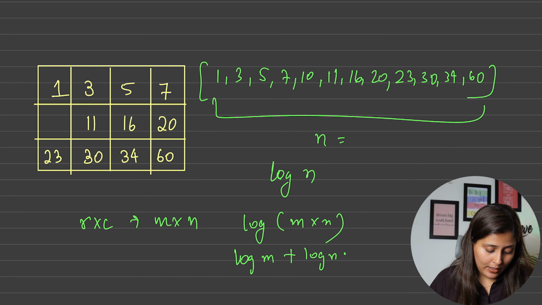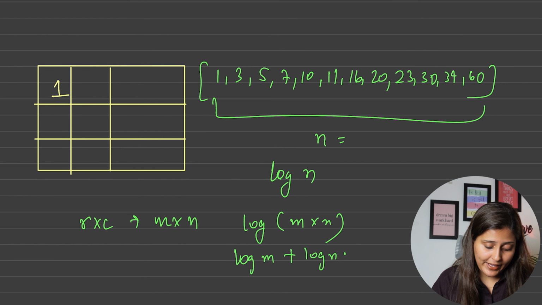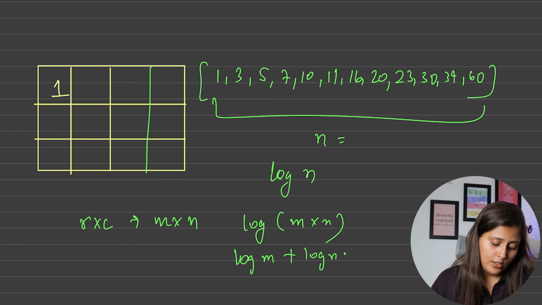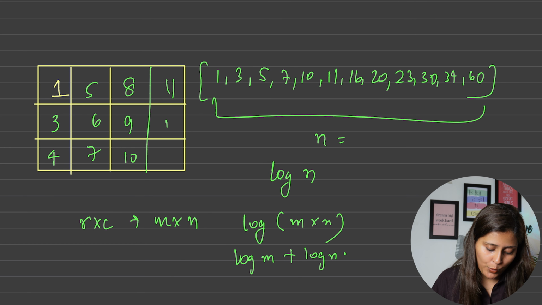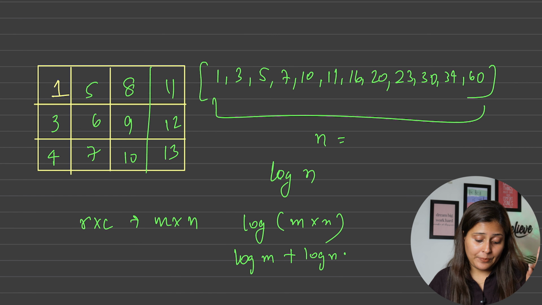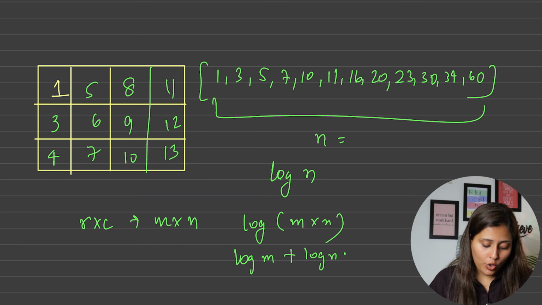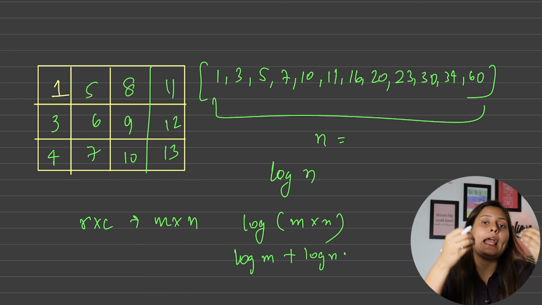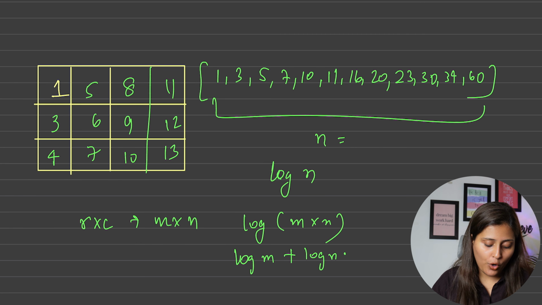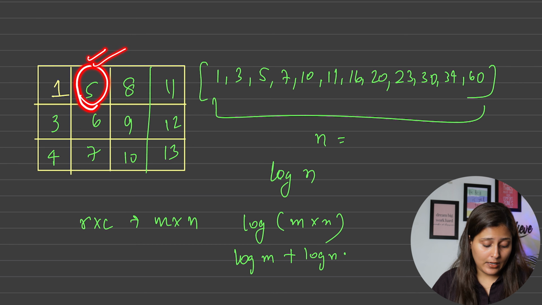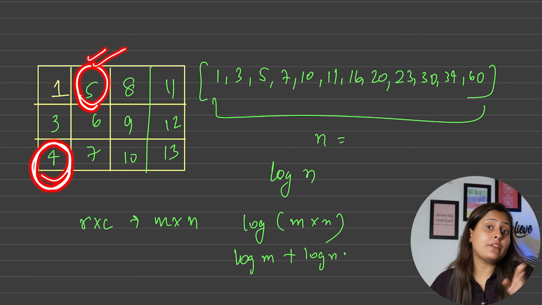It should be sorted row wise and column wise for sure, but it will be like this: 1, 3, 4 and then 5, then 6, then 7, then 8, then 9, 10, then 11, then 12, 13. Here it is row wise sorted, yes, column wise sorted, yes, and every first value of the columns is greater than the last value of the previous column.